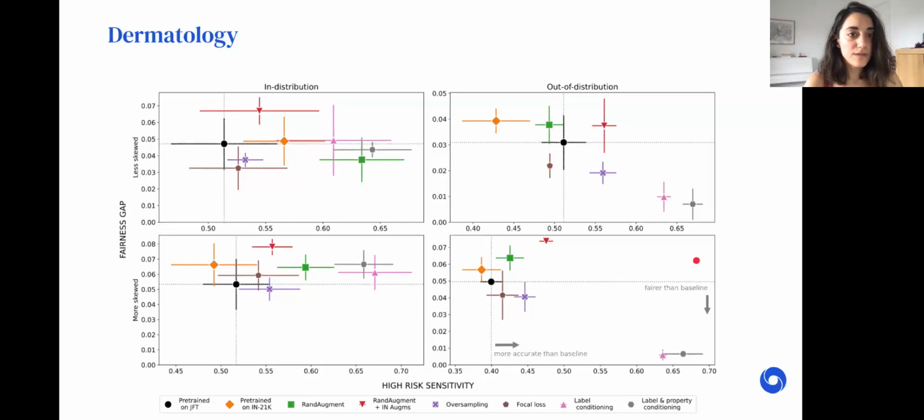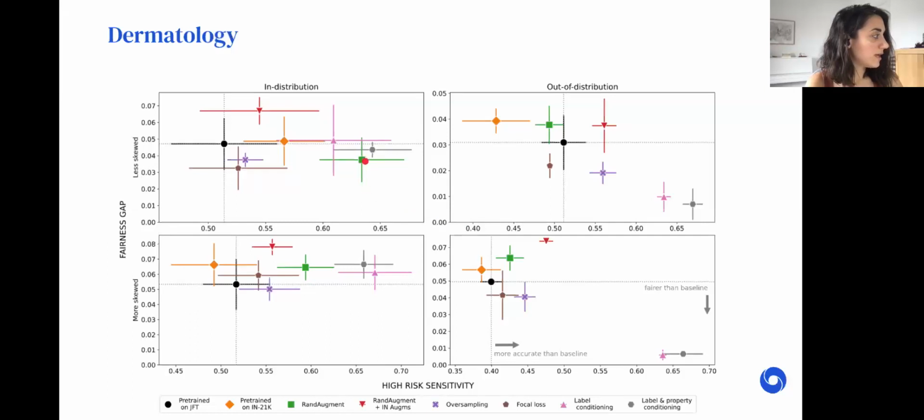So what we observe is that in distribution, our models are the most performant in terms of high-risk sensitivity. Here on the x-axis, we have high-risk sensitivity, and we do not hurt the performance and do not hurt the fairness.